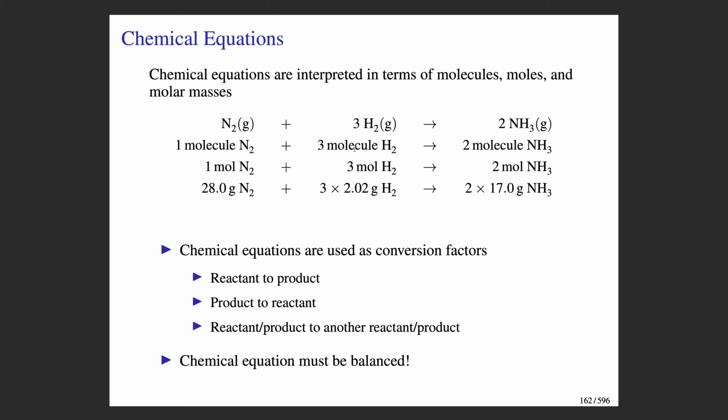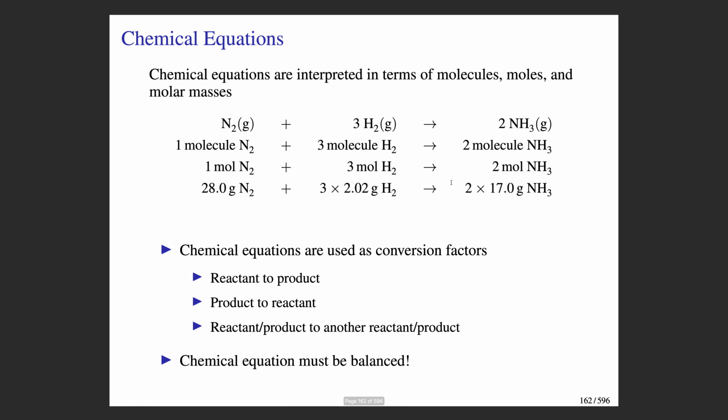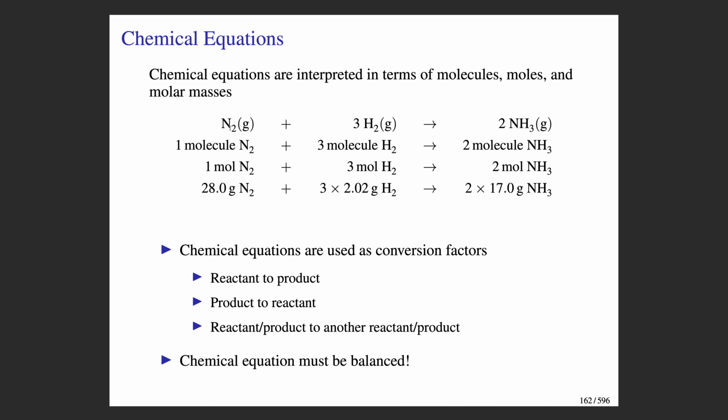However, in order for these calculations to be performed, we must have a balanced chemical equation. What that means is that the chemical equation satisfies the law of conservation of mass, which would require that you have the same number and type of atoms on each side of the chemical equation. I'll go back to this equation. Notice here you've got 2 atoms of nitrogen, and you have two ammonias.